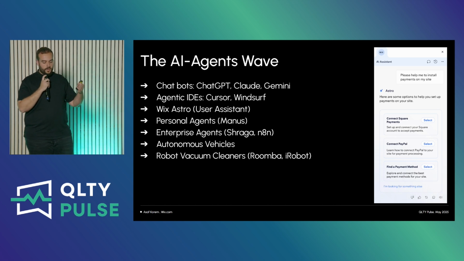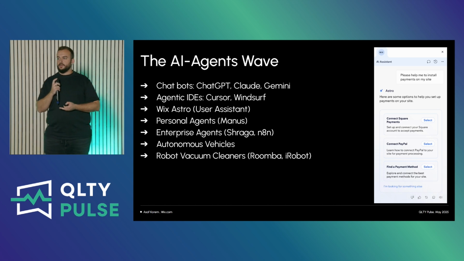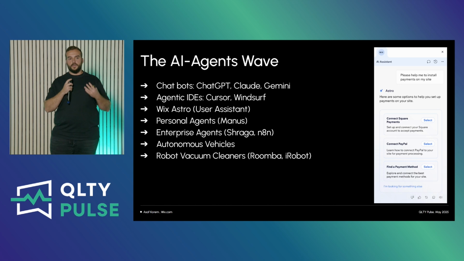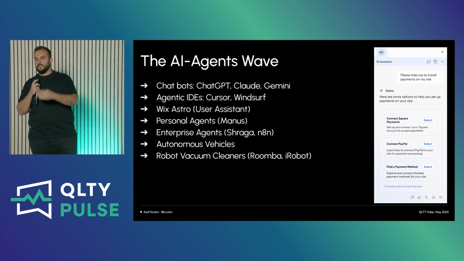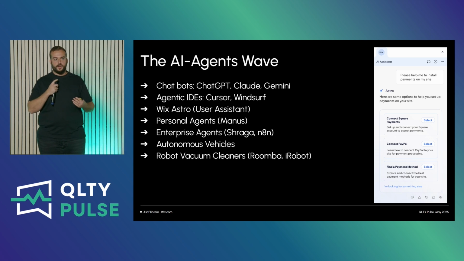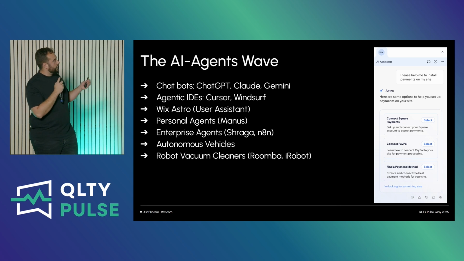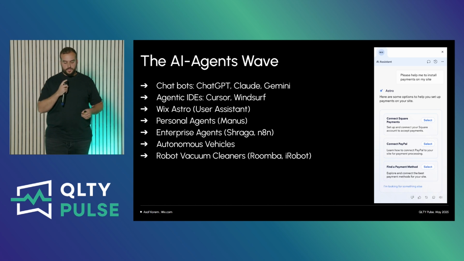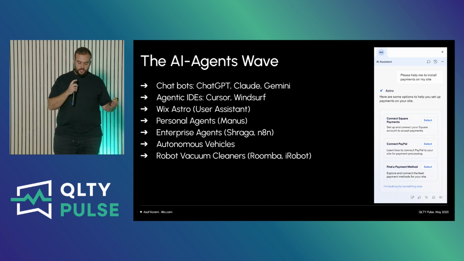So the AI agents wave is everywhere, like ChatGPT and Gemini are AI agents because they read your requirement, your message, and they can perform tasks like running code, searching the web. Then they can read the result of the actions that they did and decide what to write you after it. So it's not like sending some input to some LLM and reading the output. It can perform multiple iterations until it finishes its task. So this is just one example.